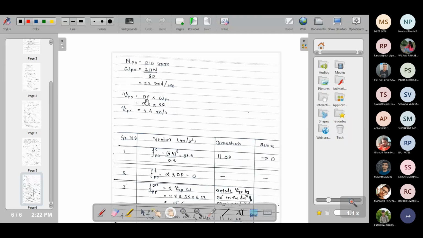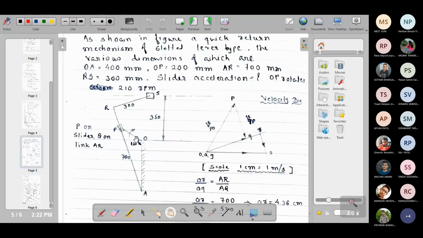R is the length of the link, and omega PO is what we have calculated. The dimension is given: OP is 200 mm. So V equals R omega, and I have taken R as 200 mm.